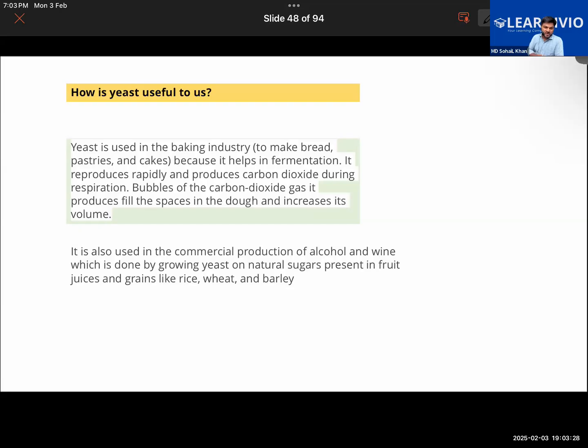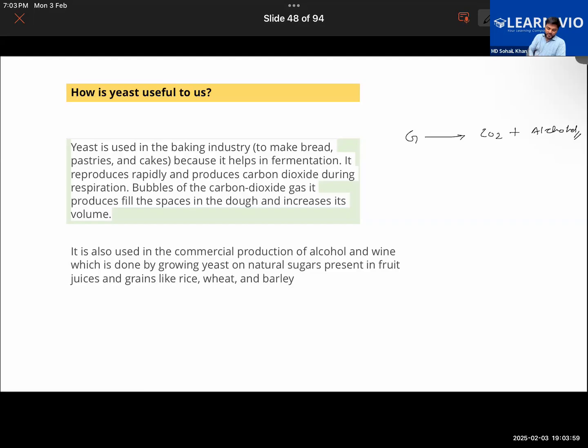It helps in fermentation. In fermentation, it converts glucose into carbon dioxide and also produces alcohol. So that is how it is useful in the baking industry, and also in the alcohol industry.